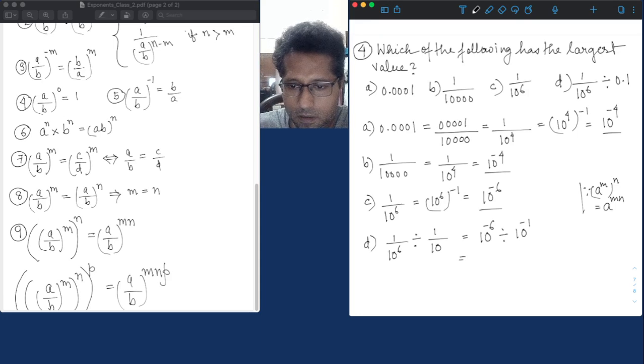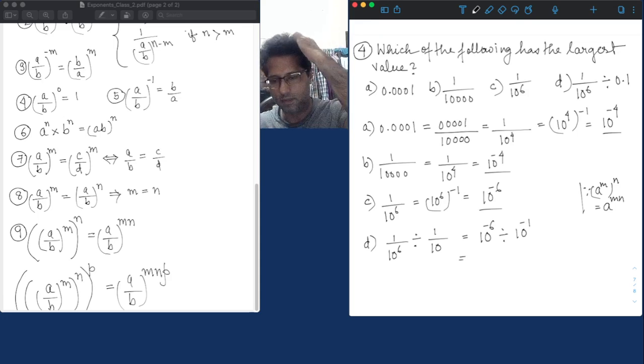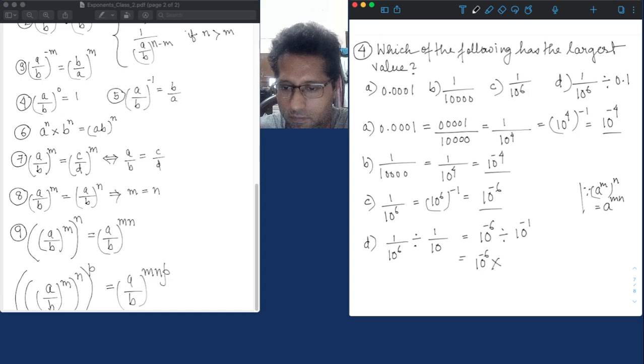This is a division of two exponents, so this will be 10 to the power minus 6 multiplied by the reciprocal of 10 to the power minus 1, which is 10. Now this is 10 to the power minus 5.